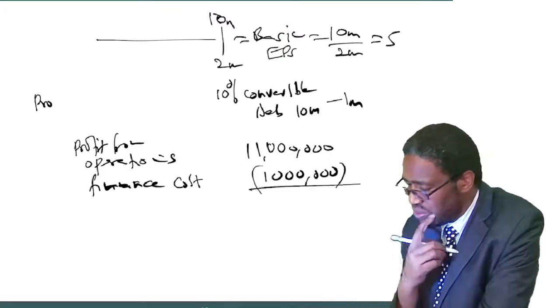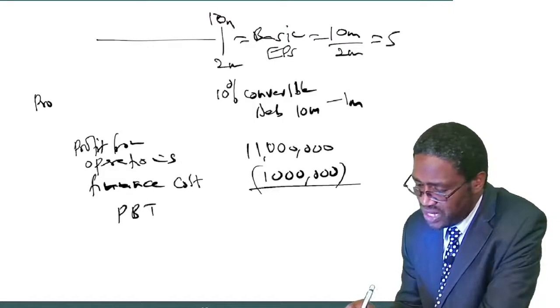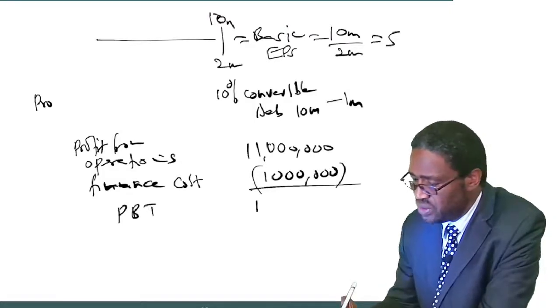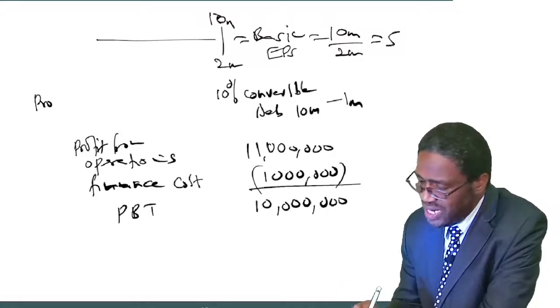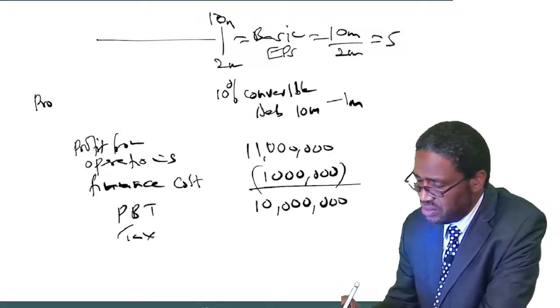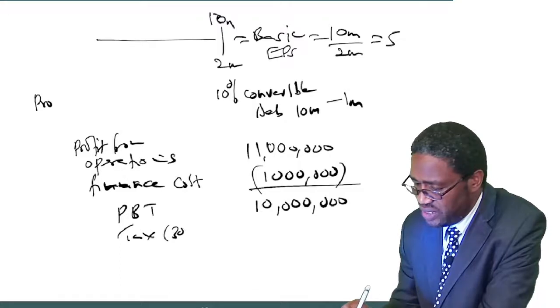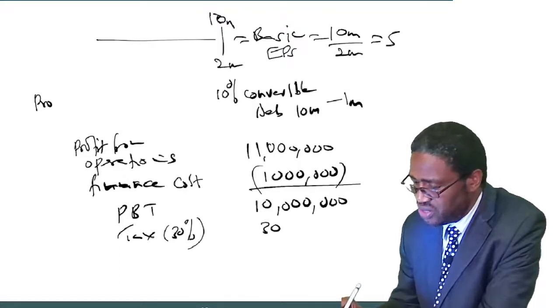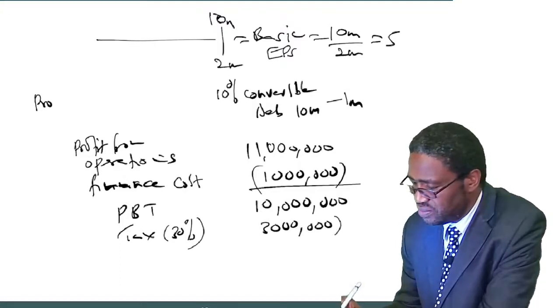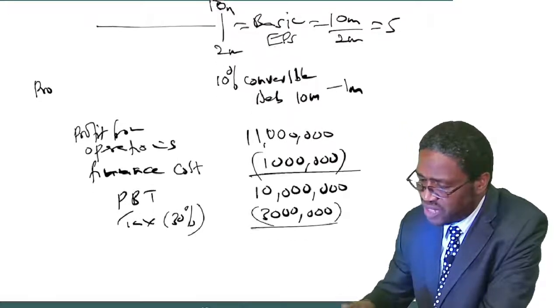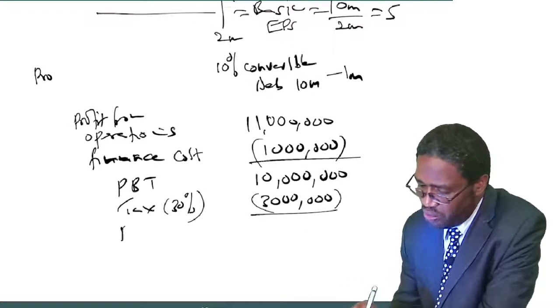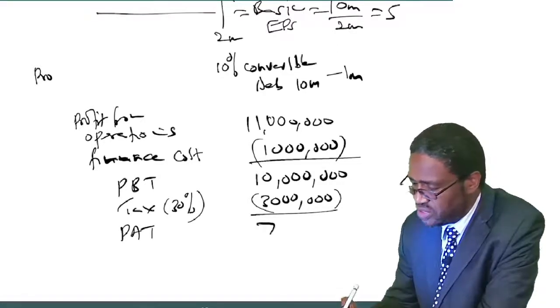That gives us profit before tax of 10 million. Then your company had tax of, let's say, 30%, which gives us 3 million. That gives what we call profit after tax of 7 million.